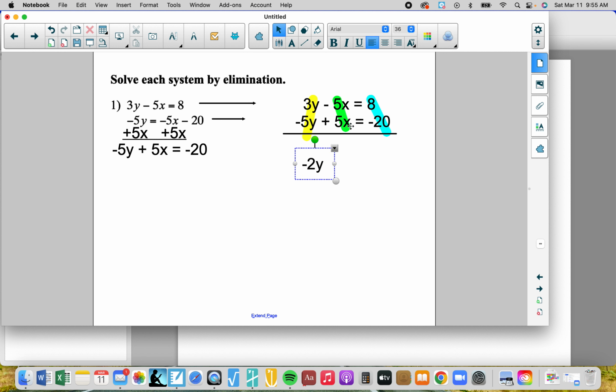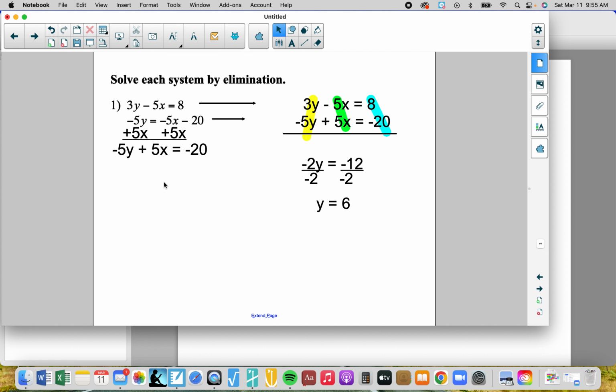My negative 5x and positive 5x cancel. 8 and negative 20 makes negative 12. We're going to divide both sides by negative 2, and we get y equals 6.